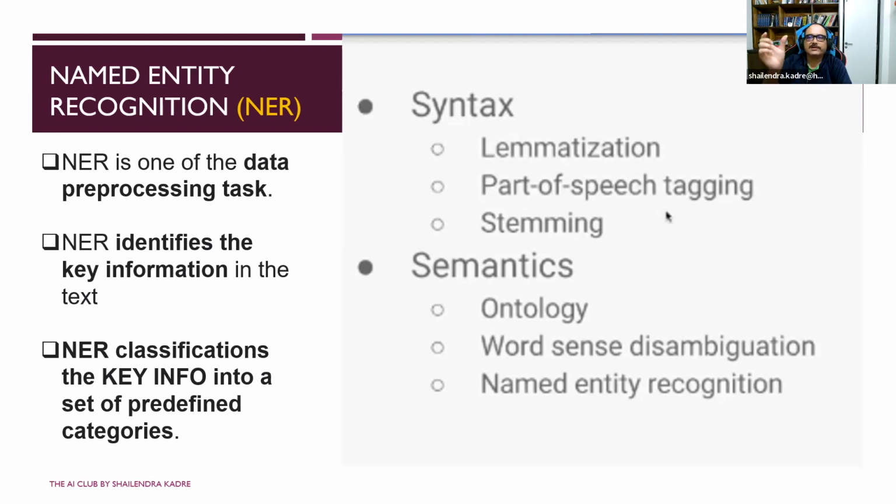Extracting these entities is very important in certain business applications, which we'll take up after this class. After this class, we have a small 15-20 minute class on business use cases of whatever we have learned so far. What are the business use cases of POS tagging?